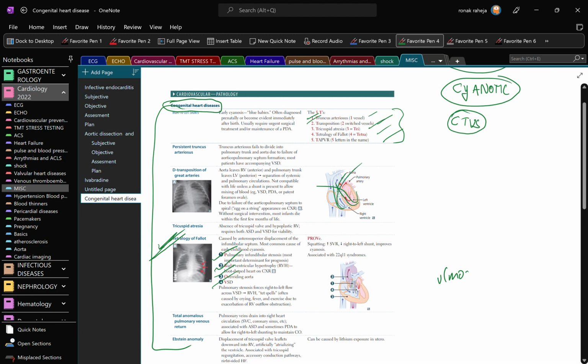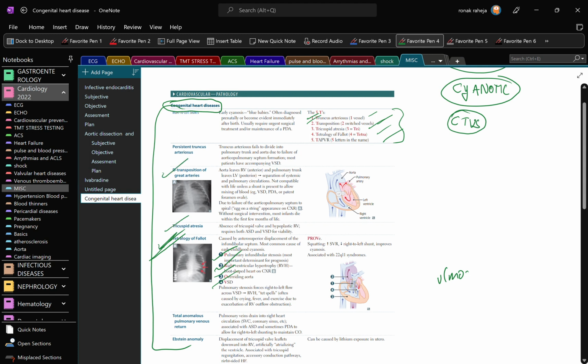These people are alive only because of the patent ductus arteriosus, PDA, and that patent ductus arteriosus keeps these transposition kids alive. So we need the CTVS surgeon to come reverse this and make those tubes correct. So that's transposition of the great vessels.